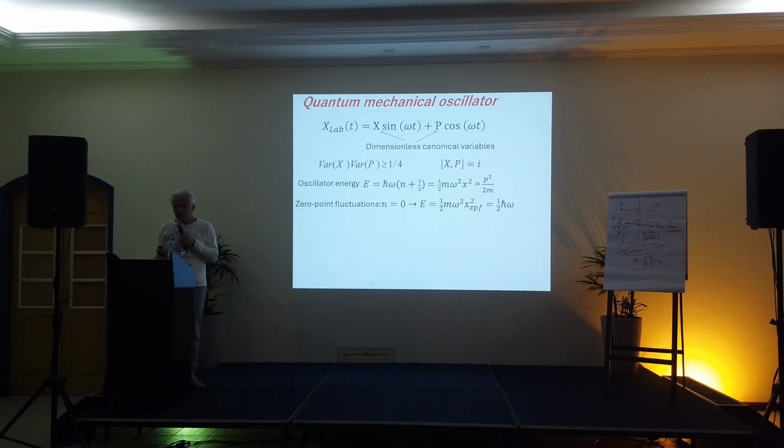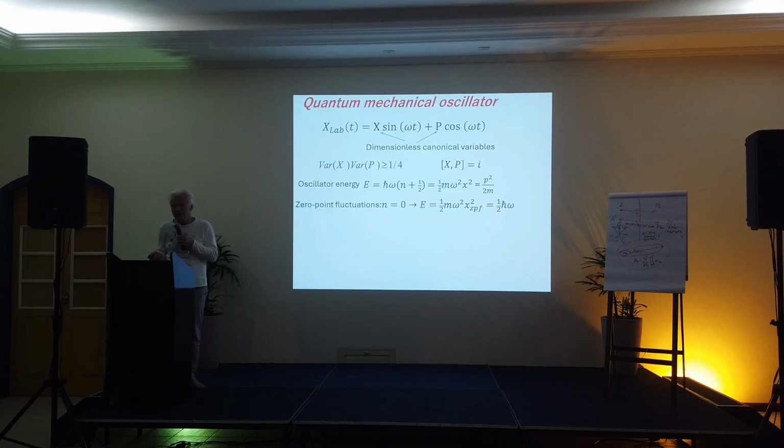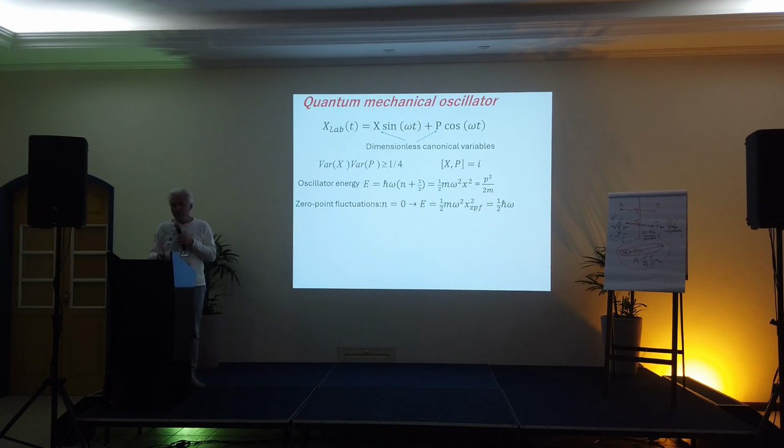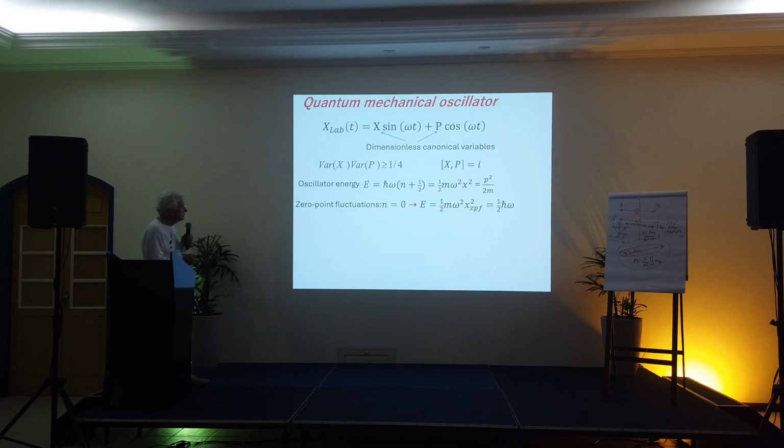But this is something kind of weird, right? Because we know that if you sum over all the modes of the electromagnetic vacuum, then those zero-point fluctuations will diverge. With mechanical oscillators, it's different. You can cool down the mechanical oscillator to absolute zero, and you can observe the zero-point fluctuations, and I'll show you how this works.